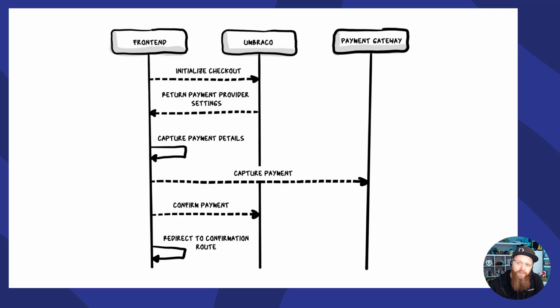So you'll call the confirmation endpoint for Umbraco Commerce, let it know that the order's finished and complete, and then you'll confirm and perform a redirect to the confirmation page.